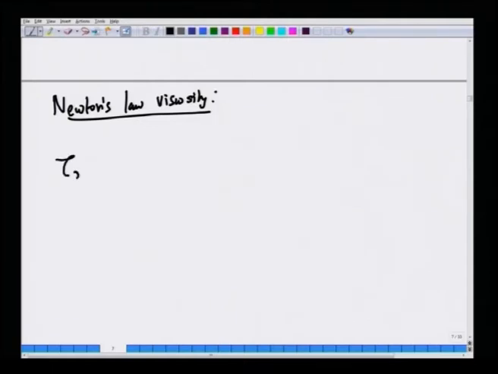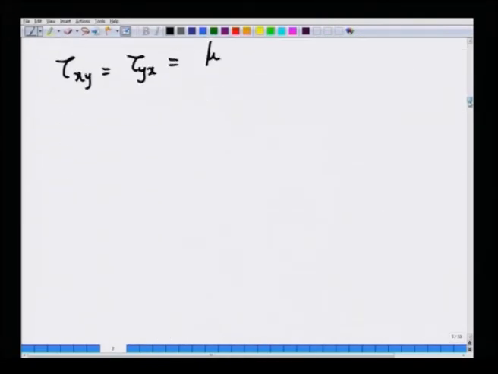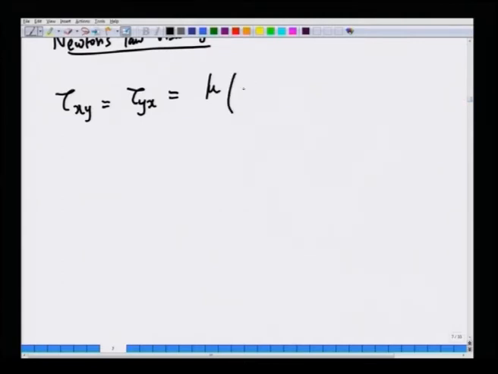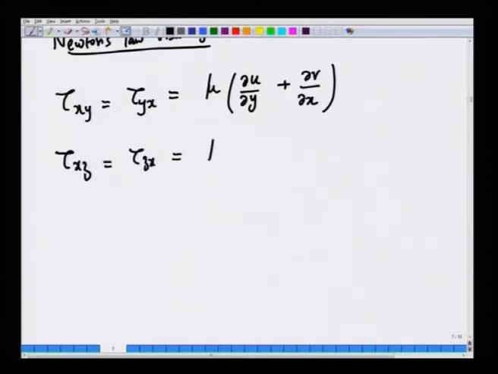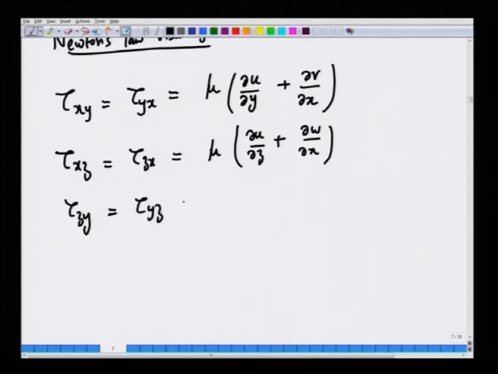Tau x y. Remember, the stress tensor is symmetric, from angular momentum balance. Mu is the symbol used for viscosity normally. Tau x z is tau z x is mu, tau y z is mu.